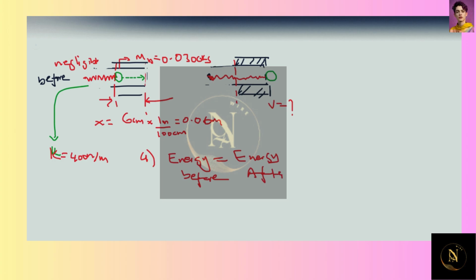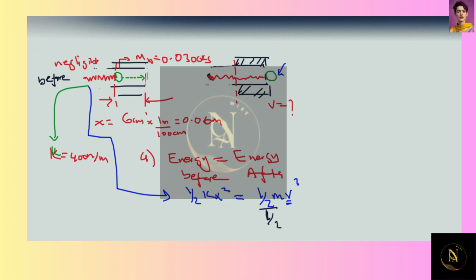The energy before is stored as elastic potential energy, and that happens to be 1/2 kx squared. The energy after is stored in terms of the kinetic energy of this ball right here. So this ball develops some type of kinetic energy because it's moving, and we want to solve for this velocity.